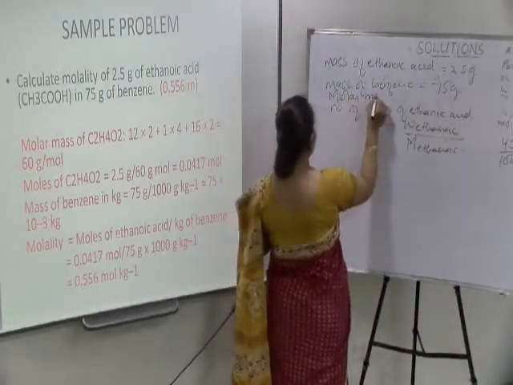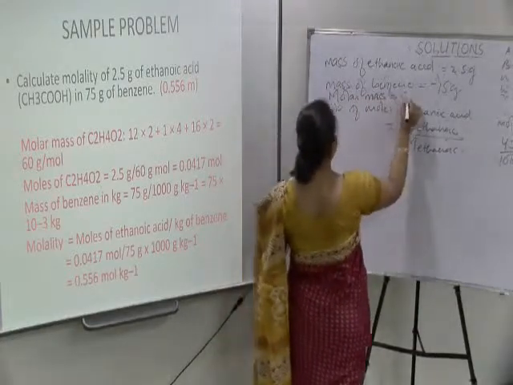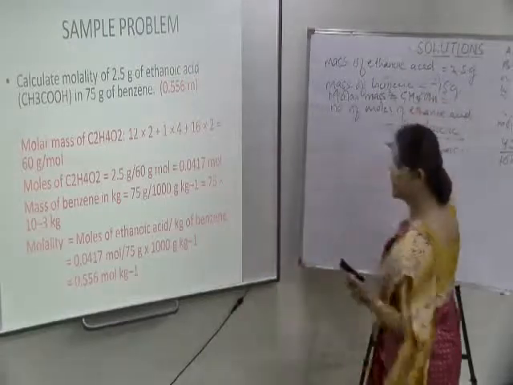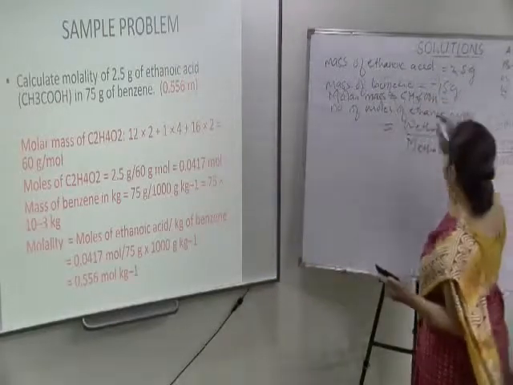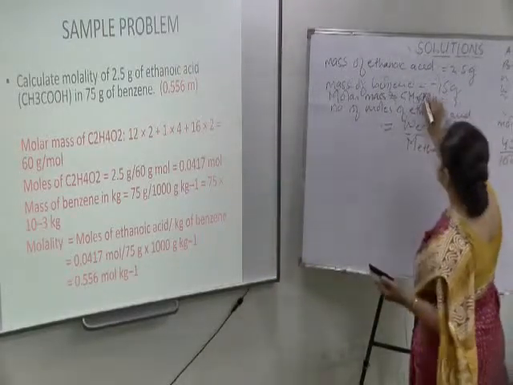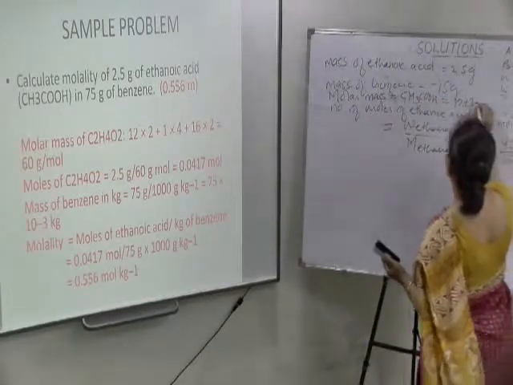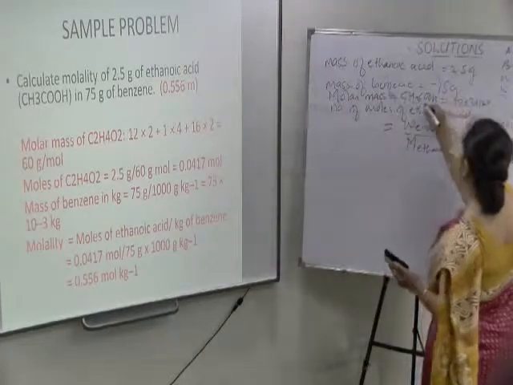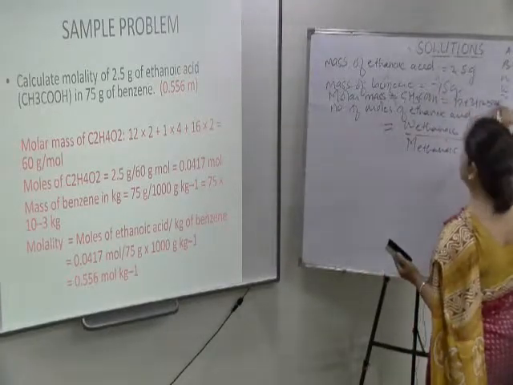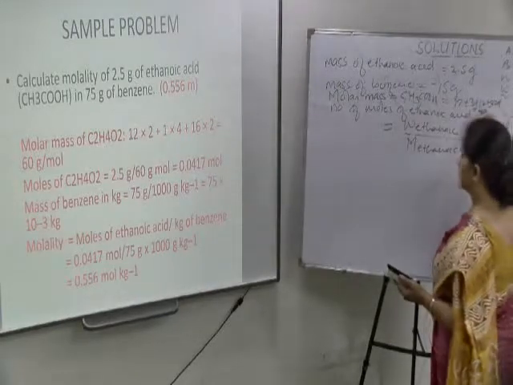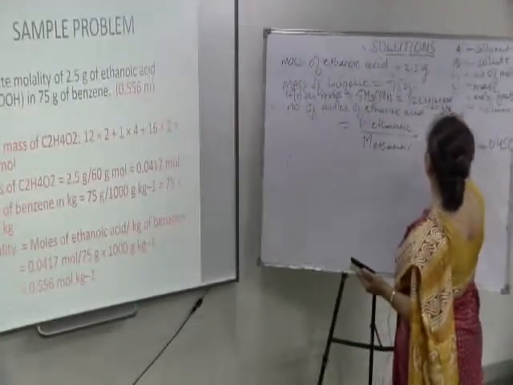The formula for ethanoic acid is CH3COOH. If you substitute the atomic masses of each atom: carbon 12, plus 3 hydrogens with a mass of 1 each, carbon 12, 2 oxygens 32, plus 1. The mass comes out to be equal to 60 grams per mole.